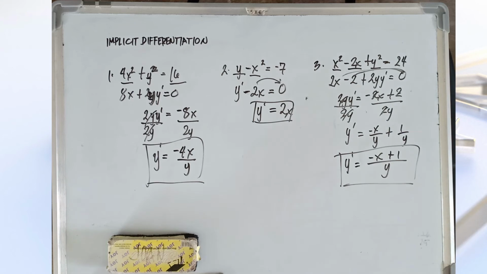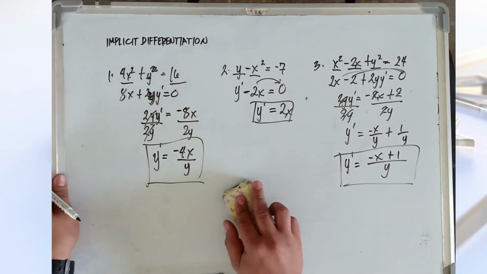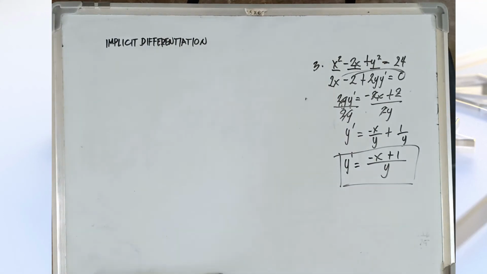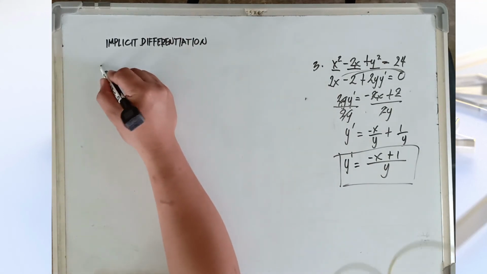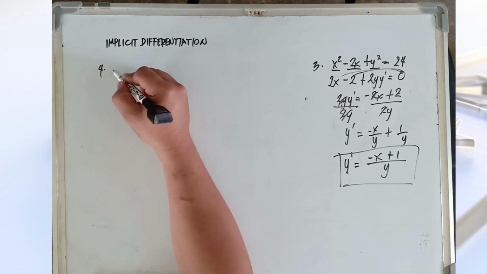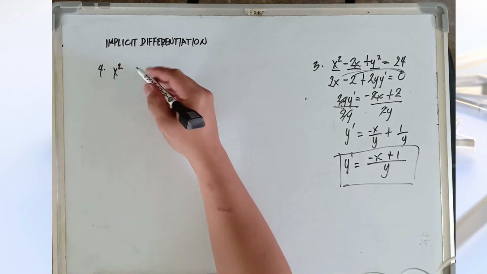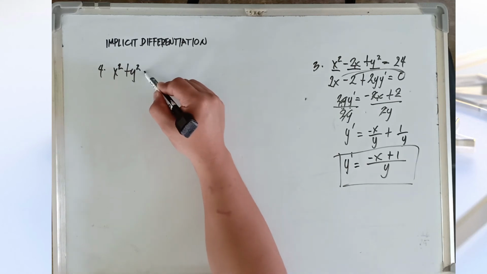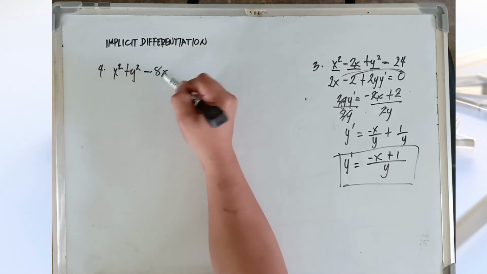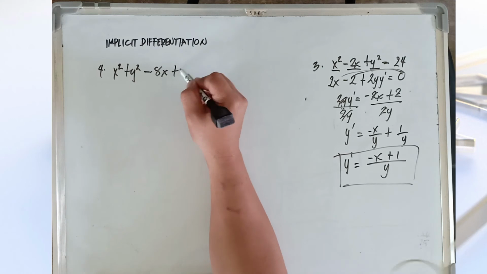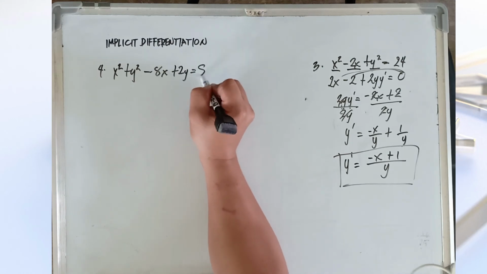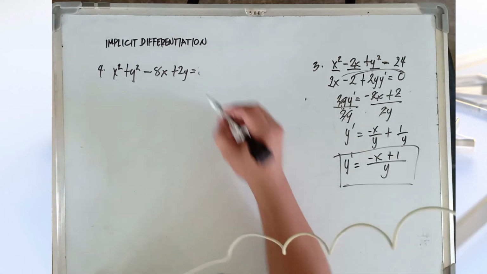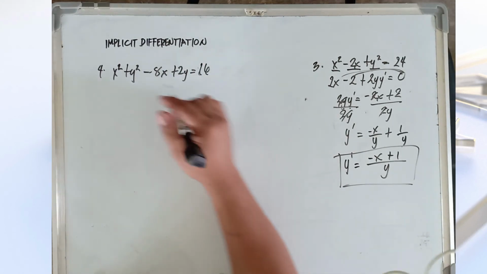Okay, I think we need to put this one into a higher level. Let's take this example. Example number 4. x squared plus y squared, let's say minus 8x plus 2y is equal to 16. Let's say it's 16. Let's differentiate this one.